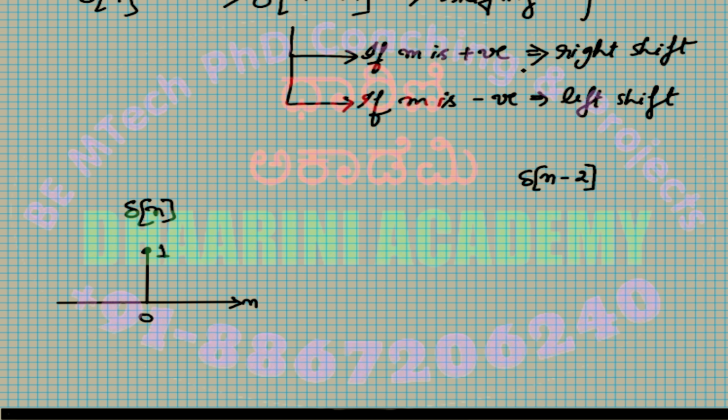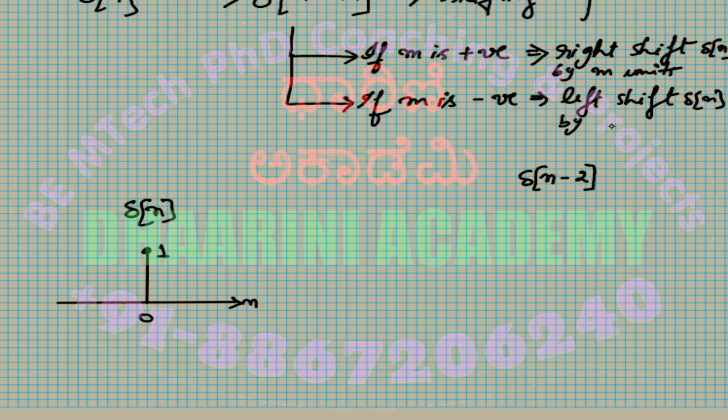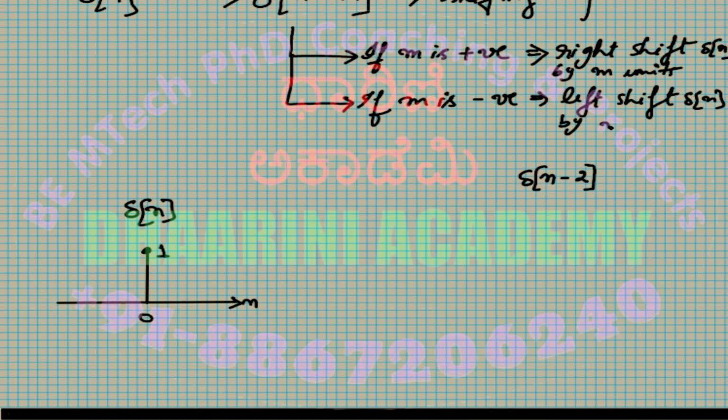So when m is positive, right shift the delta of n by m units. And left shift the delta of n by, once again, m units.